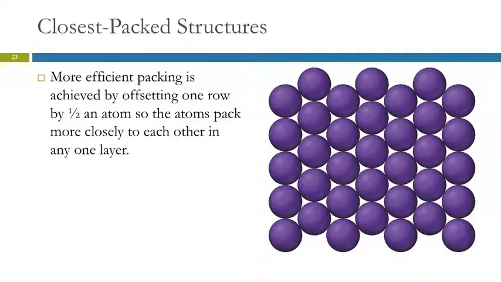More efficient packing is when you let the rows be offset from each other. Okay, what that other one was doing, let's see, what would be the best way to do this? Do it like that. The other one was going like this.